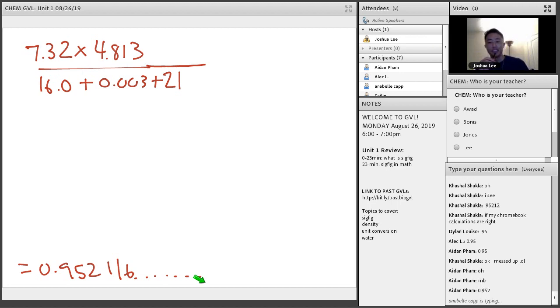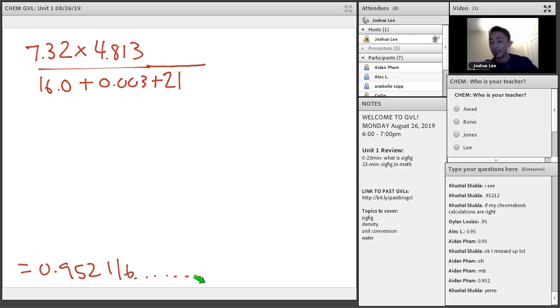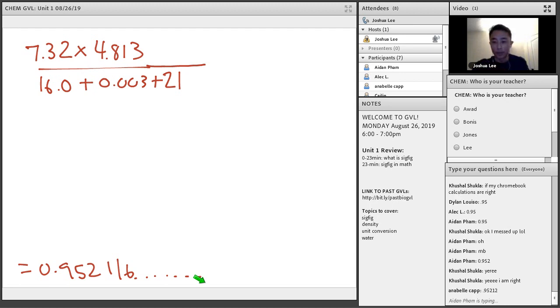Oh, Aiden changed his answer to 0.952. What's it gonna be? Anyone else have an answer that they think? Annabelle says 0.95212, which is the same as Kushal's, I think.